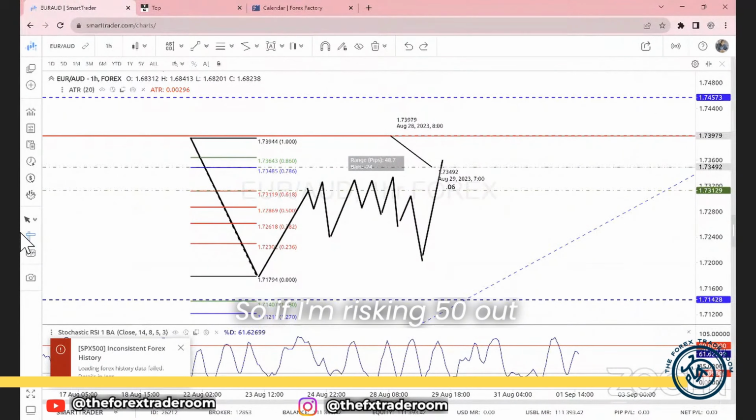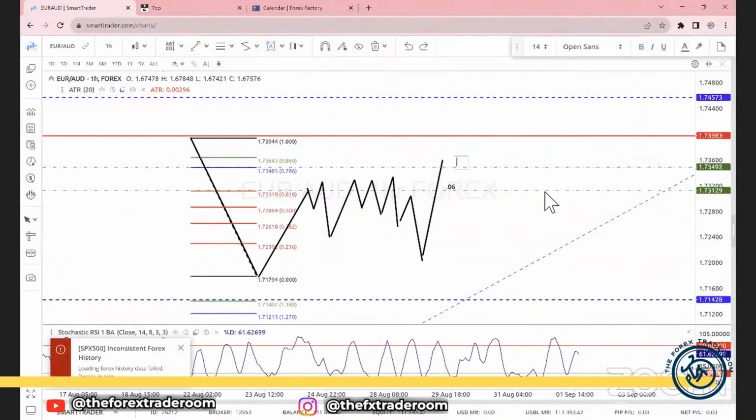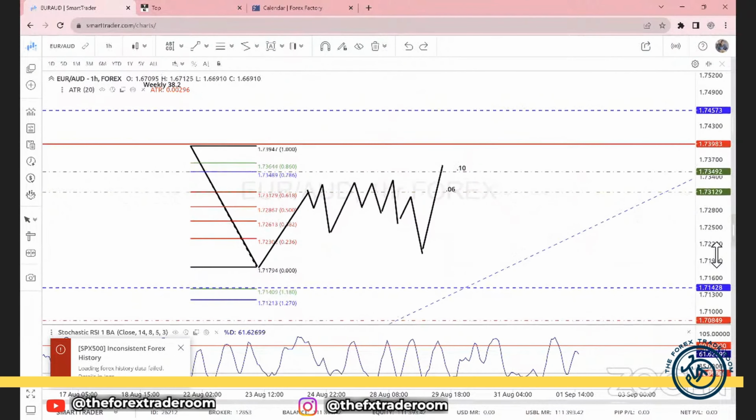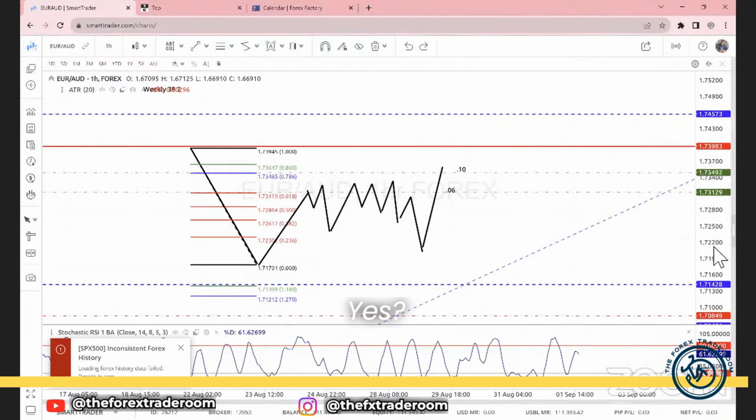So if I'm risking $50, divide about 48. So we could just say we'll trade that at 1 lot. Everybody follow me on that? Yes, no? Yes.